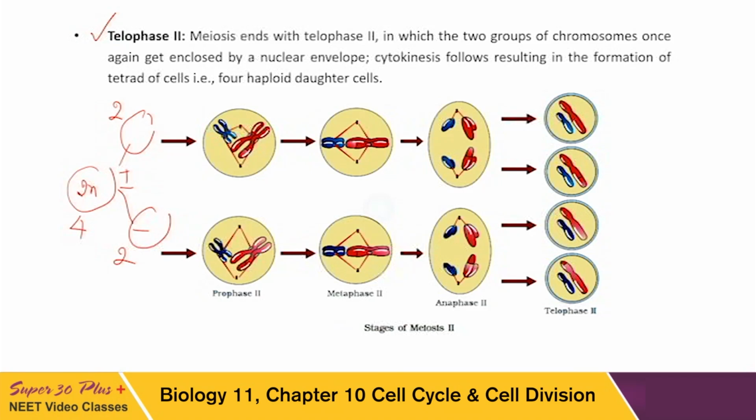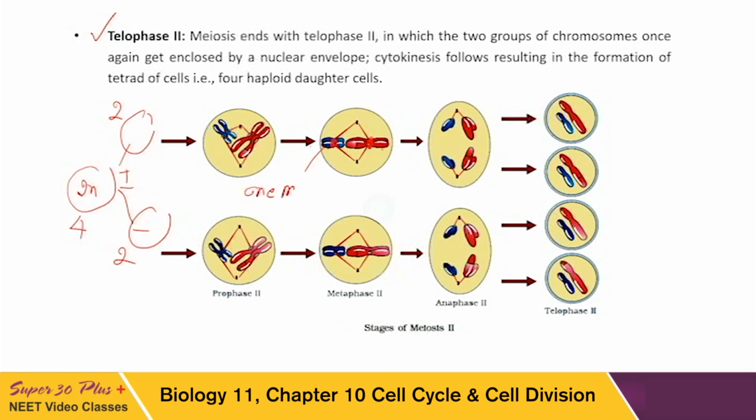What happens now? Prophase second is over. In metaphase, both these chromosomes have been arranged on the metaphasic plate, held together by the centromere. One metaphasic plate we have here.